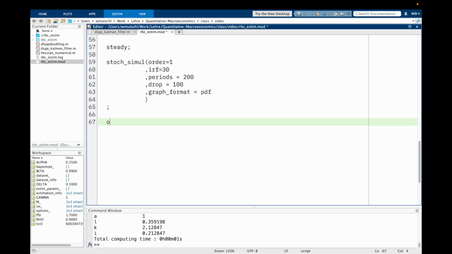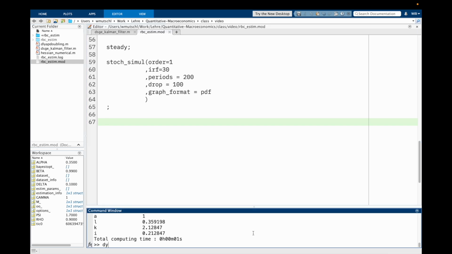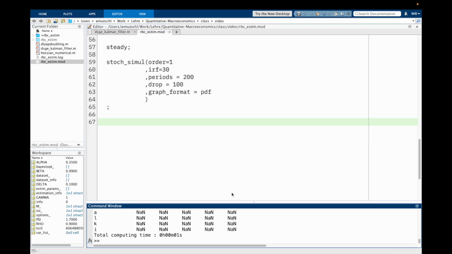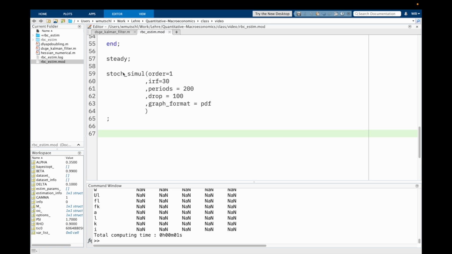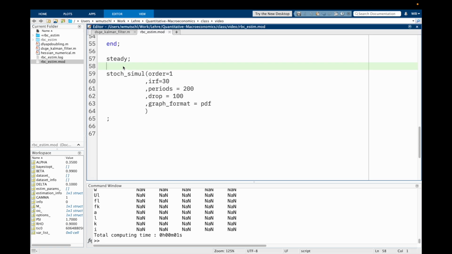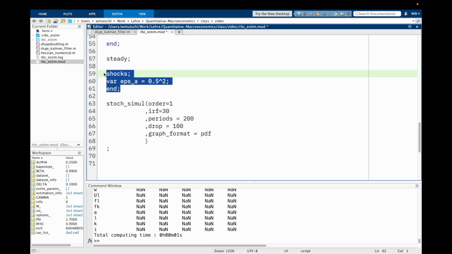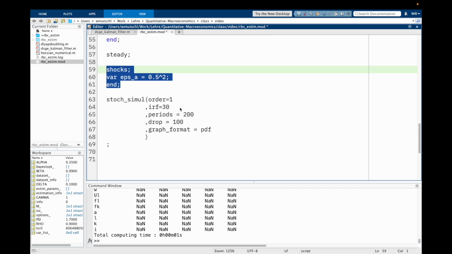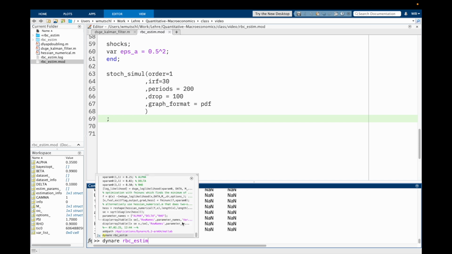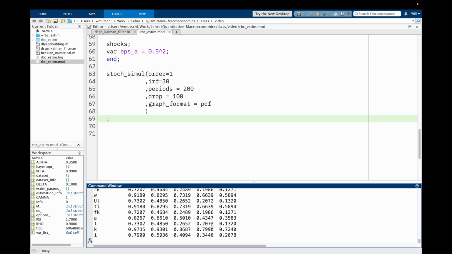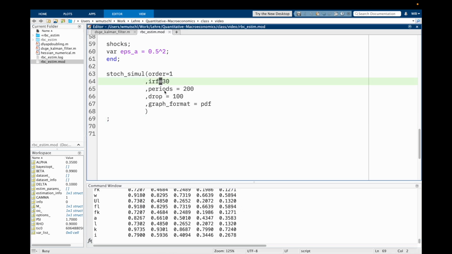Let me run this first. Nothing happens, of course, because I have no stochastics in the model yet. So I need to add stochastics. I need to tell Dynare what the covariance matrix of the shocks is. I only have one shock, so that's easy to define. And then I get IRFs.